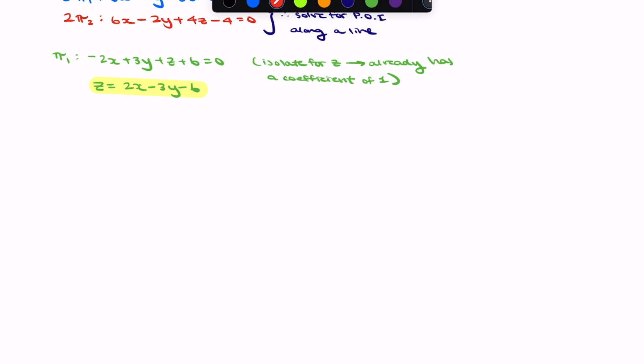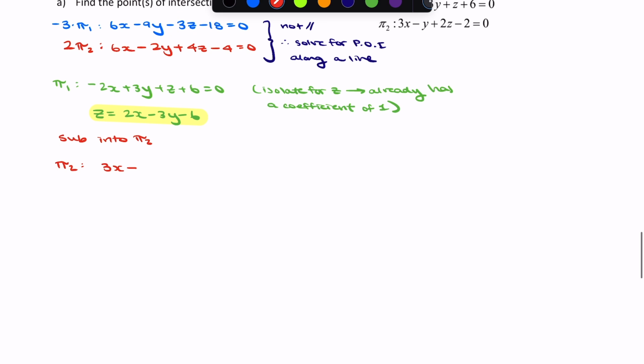Take that, and we're going to sub that into the plane 2 equation. And so here, our plane 2 equation will be 3x minus y plus 2 times 2x minus 3y minus 6 minus 2 is equal to 0. So we sub 2x minus 3y minus 6 in for z.